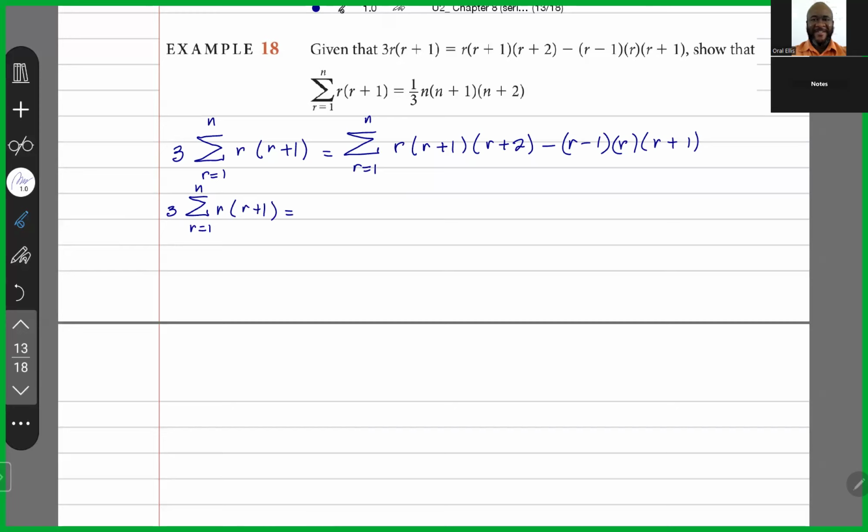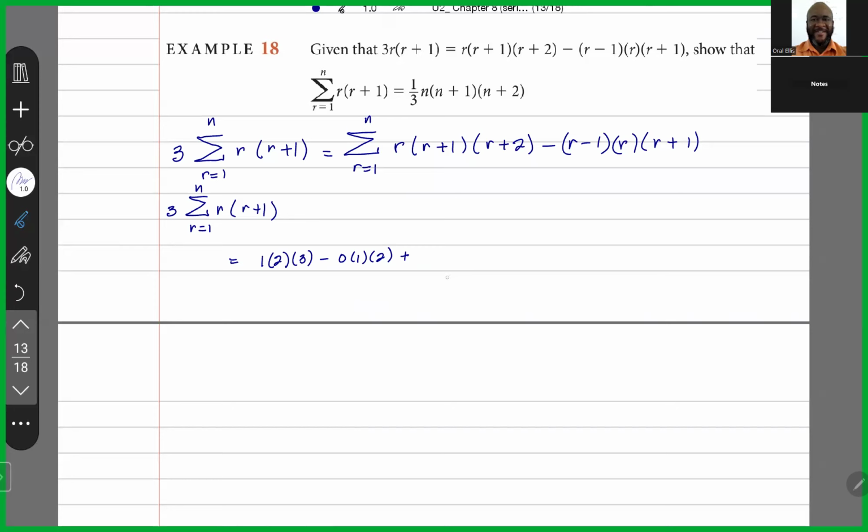So when r is 1, we have our first term, which is 1 times 2 times 3 minus 0 times 1 times 2. That's the first term.